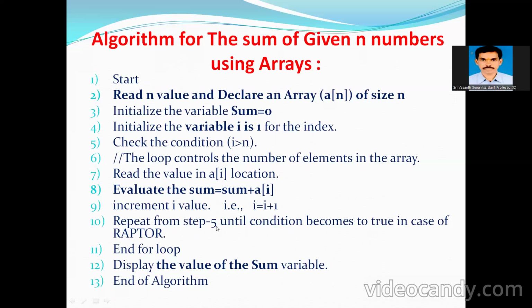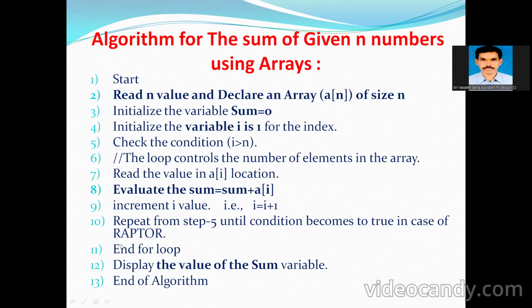Repeat from step 5 until the condition becomes true, in the case of RAPTOR only. In a programming language, you repeat the steps until the condition becomes false. In RAPTOR, you repeat until the condition becomes true.